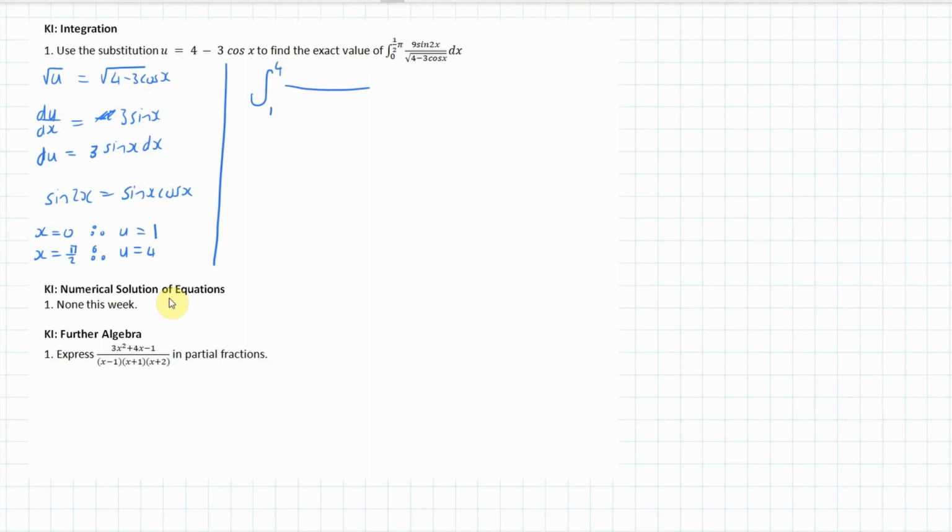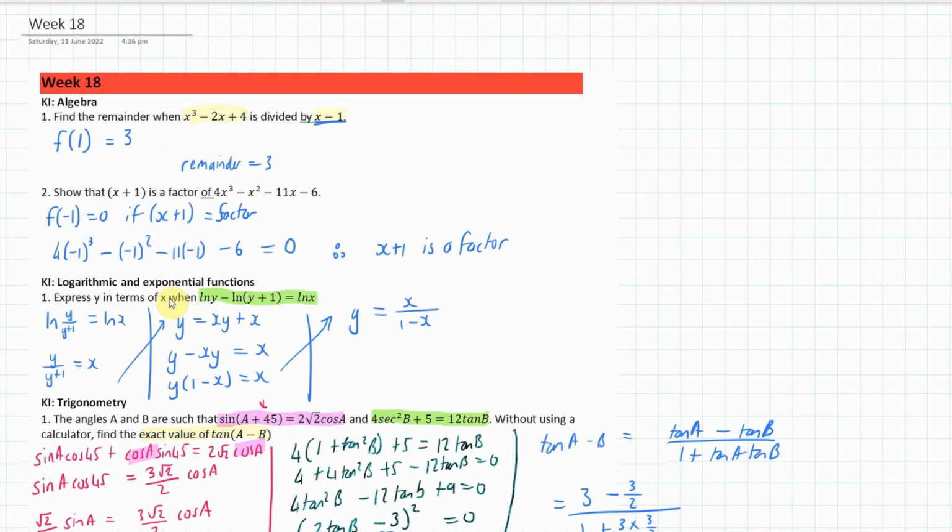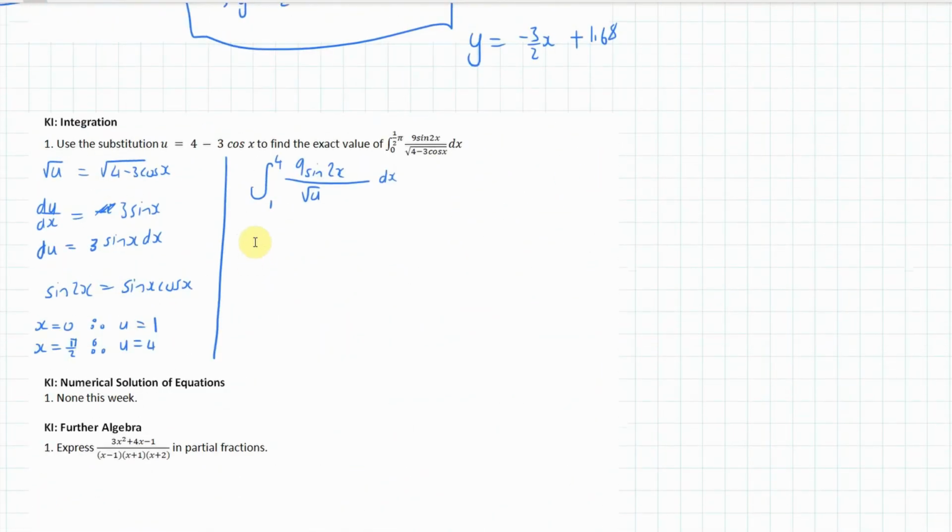And then I can say that I've got square root u on the bottom, dx, and then 9 sine 2x. Now, I'm thinking, see, I've got a 3 sine x here with this du. So I think I'm on the right track with this.